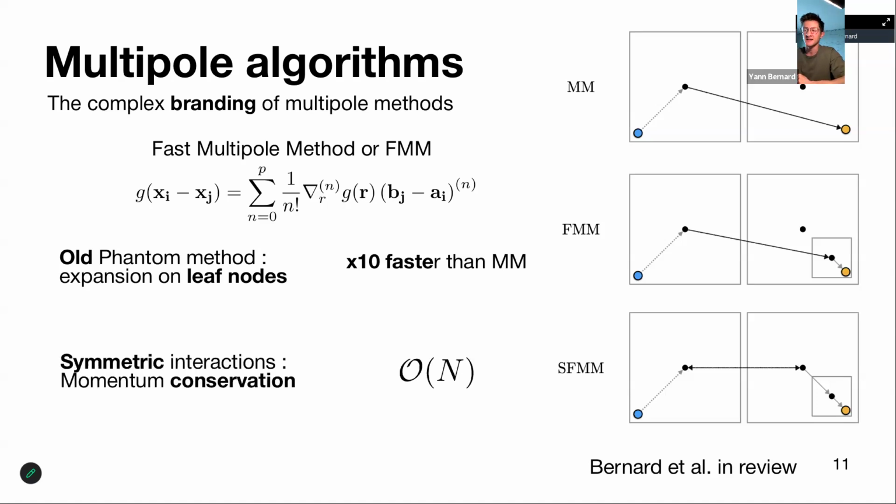In this symmetric fast multipole method, as we call it, you ensure that these interactions are symmetrical from one side to the other by doing a clever algorithm to compute the node-node interactions. With that, you have momentum conservation.